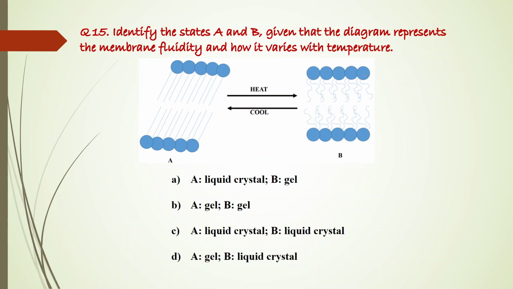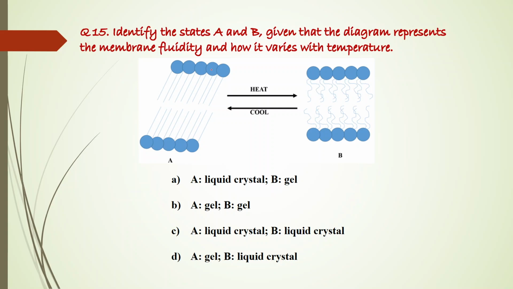Moving to next one. This question states, identify the states A and B given that the diagram represents the membrane fluidity and how it varies with temperature. Okay. So these states actually represent the membrane fluidity. Now you have to identify which state is what.